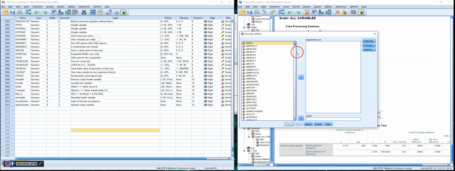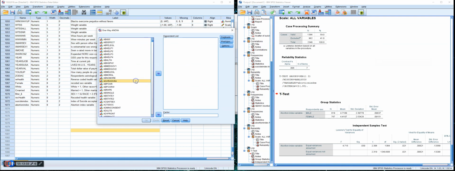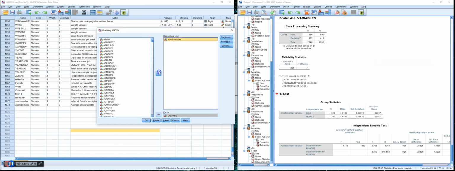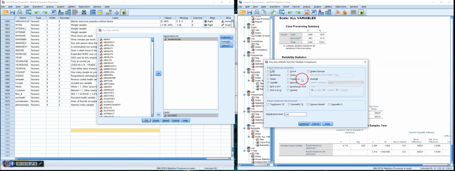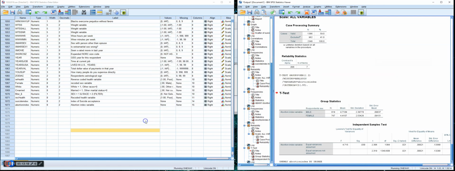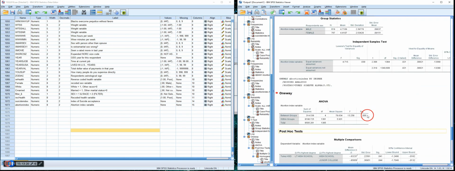Okay, one-way ANOVA. Maybe we can use the degree variable because it has more categories, and the aversion index is here. Post hoc, yes, you can do Tukey and Scheffe. Contrast, maybe you don't need that. So here it is. The p-value is below 0.05.